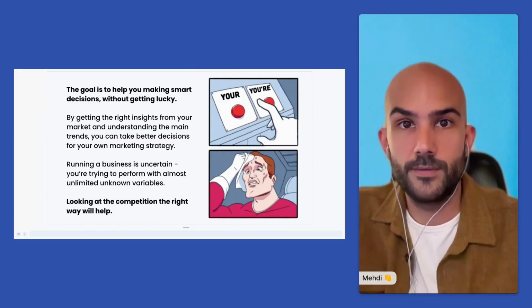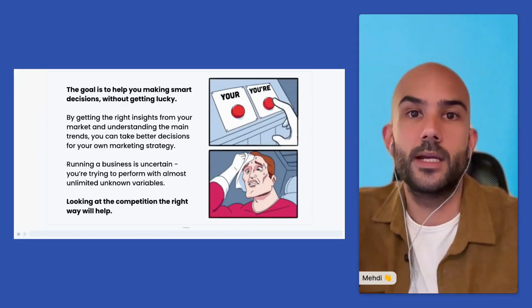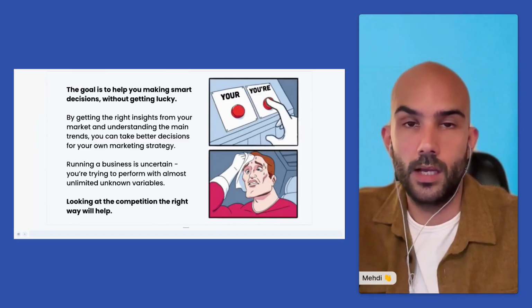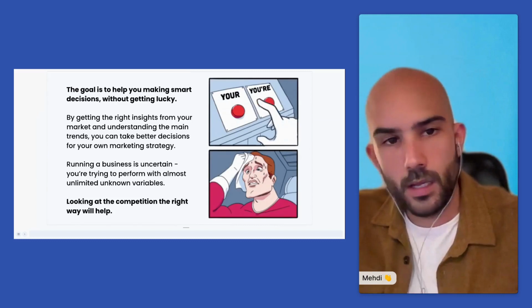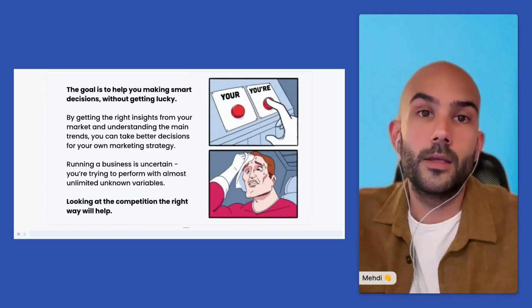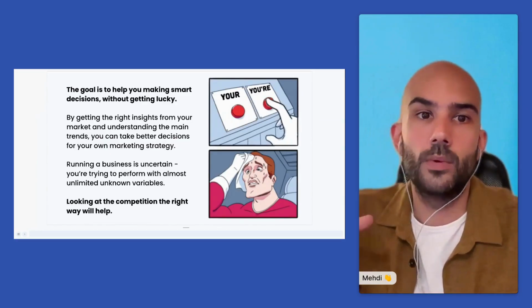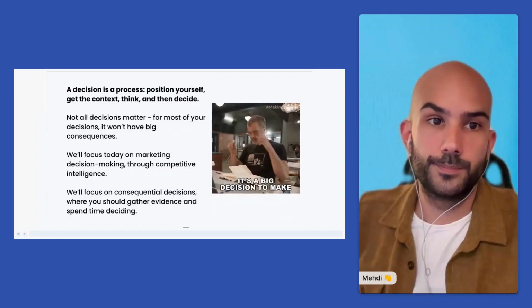Competitive intelligence, all the data that you can gather from your competitors and the insights that you're going to get out of them, should help you make better decisions, create better campaigns, and organize your website in a better way. And this is the real goal you should keep in mind when you're looking at what your competitors have been up to.